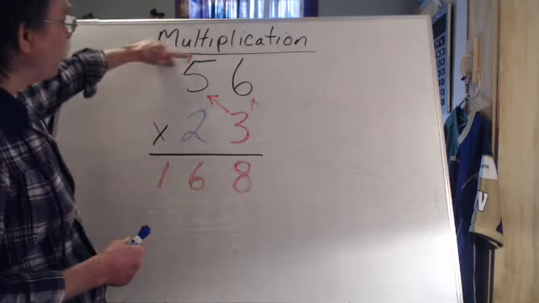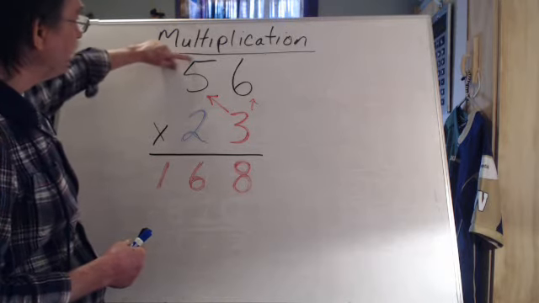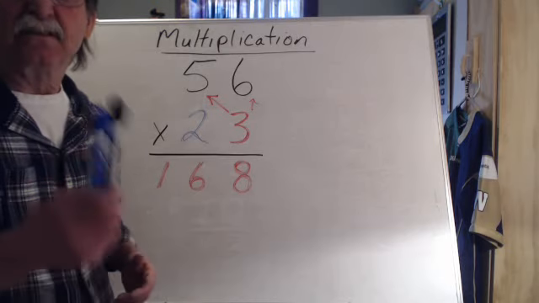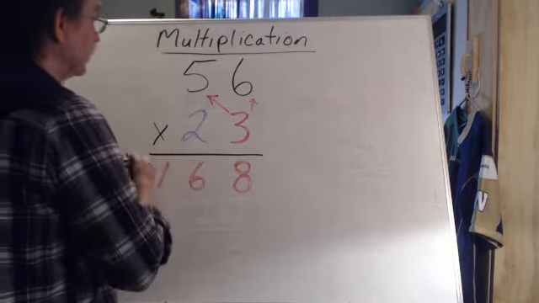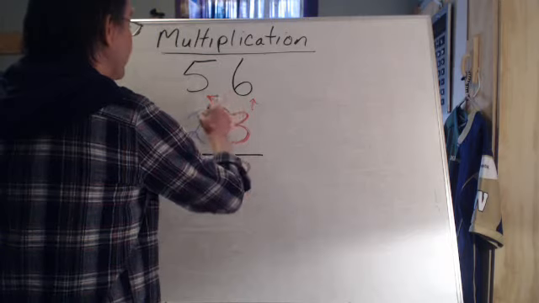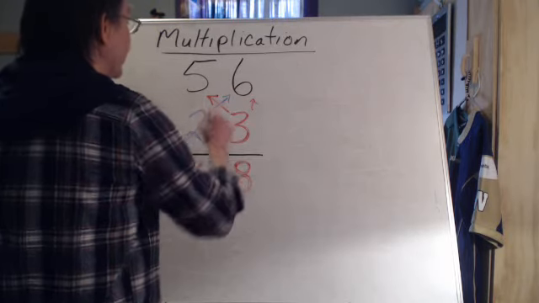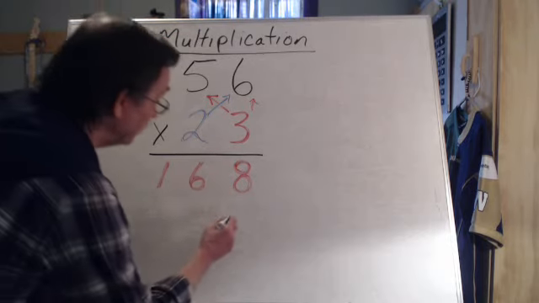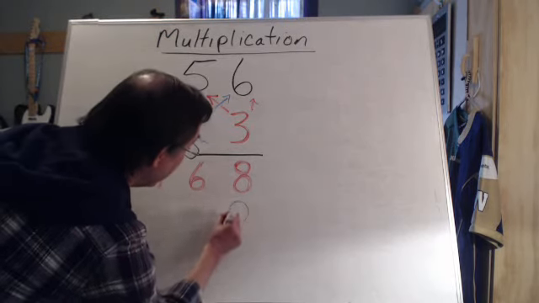And I'm going to take this 1 out here, the one that we carried before, because I don't want to get confused. So 2 times 6 is 12. Now remember the secret that we had to do? We had to put a 0 here.